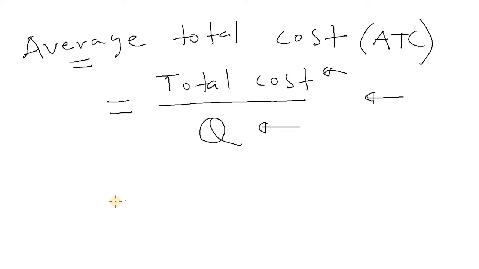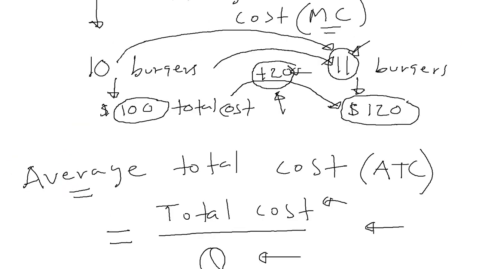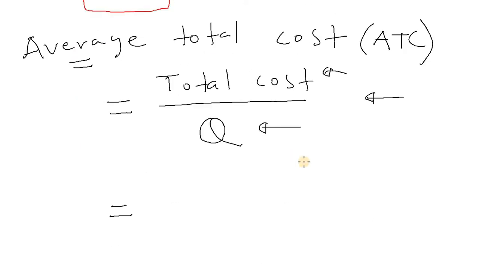So please remember this pattern. This will always apply. Average is equal to total divided by quantity. For example, let's say you want to calculate the average cost in this case. Let's highlight this portion here. Let's say you want to calculate the average cost when you're producing 10 burgers. So Q is equal to 10.